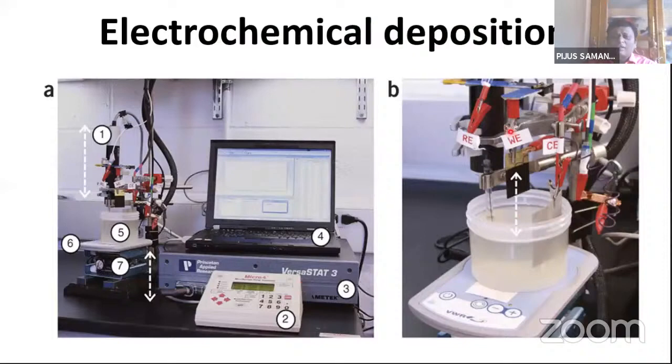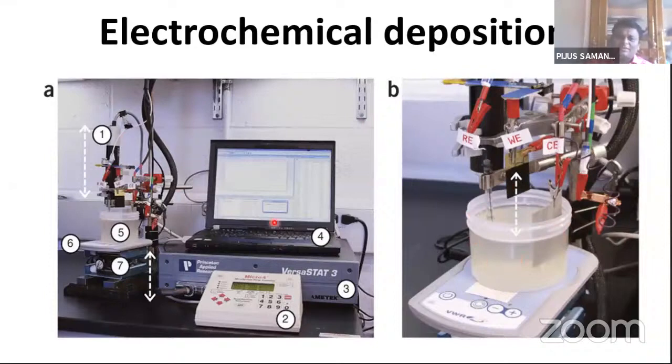So here is the actual setup I'm showing for a precise control of the system. Here you see this is the working electrode, this is the reference electrode, this is the counter electrode here, and this is the electrochemical bath, and the solutions are there.